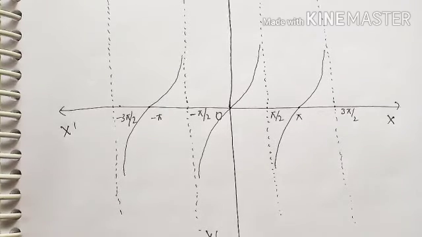So 1 by root 2, an element of y, has not only one pre-image, so tan x is not one-one in the set of real numbers.